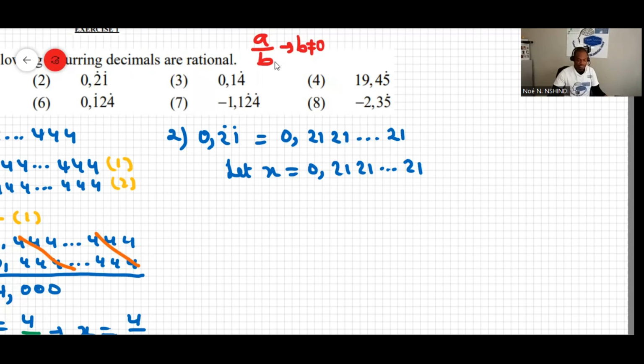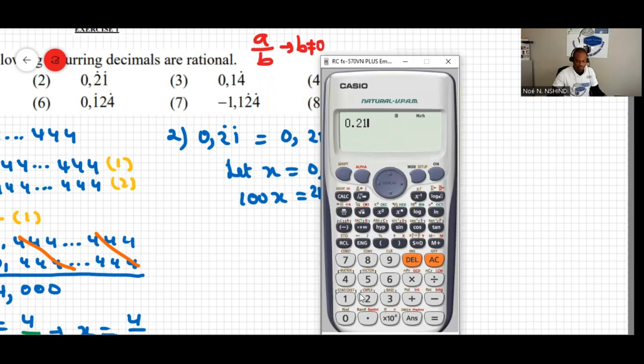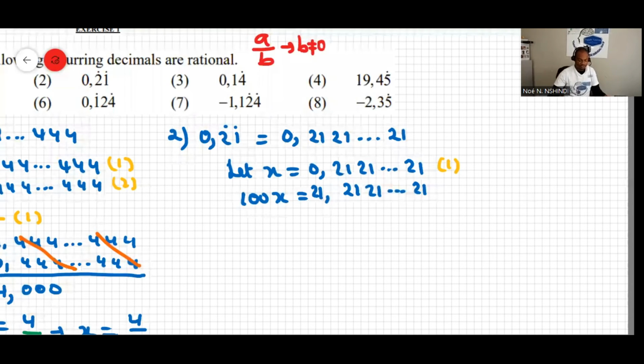So equation 2 will be 100x, which is 21, comma, 21, 21, dot dot dot 21. If you're unsure, check on the calculator: multiplying 0,212121 by 100, you first have 21 as integers, and 21 21 repeats indefinitely. We call this equation 2.